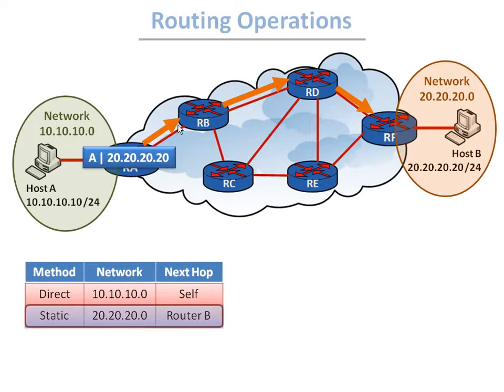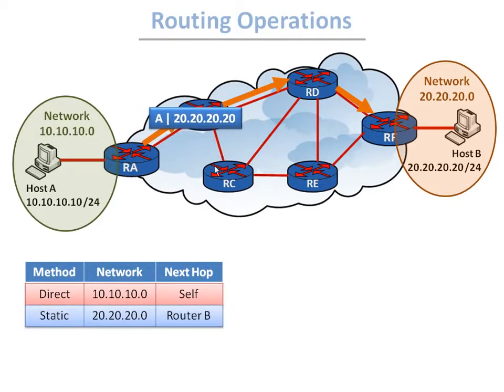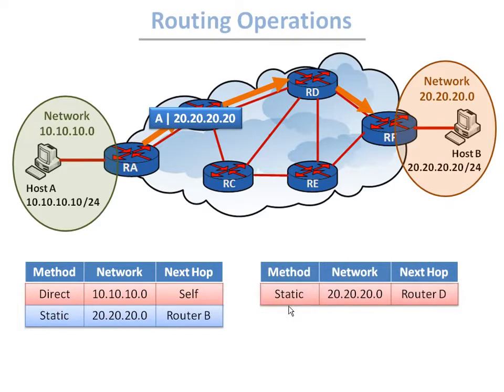That's what we said in the static routes. So it will simply forward those packets to router B. Router B, in its turn, will check its routing table and see that in order to reach that same network, it needs to send the packets to router D, which will send them to router F, and then everything will be great. So as you can see, static routes can do their job, but they have a couple of limitations.